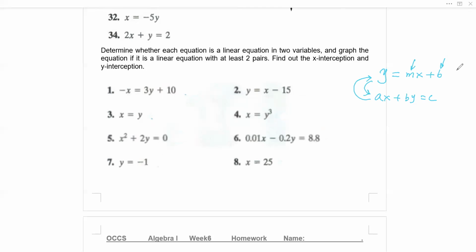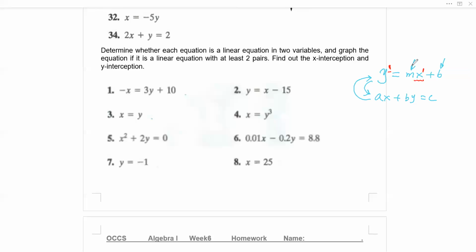And what's most critical for this one? The power. We didn't talk about exponents yet. The power of this x variable always is 1. We just don't write it out. The same for the power of y, here it is 1 as well.